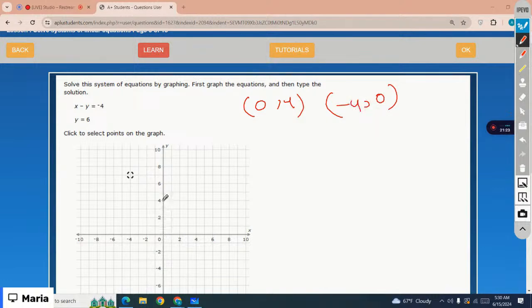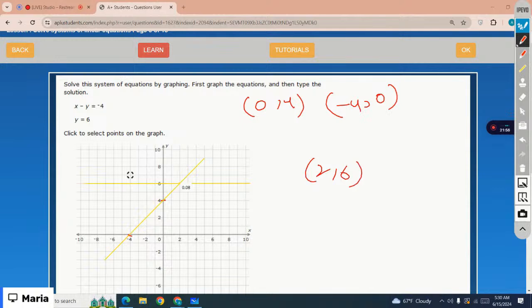x is 0, y is 4, and y equals 6. Yes, here is the point of intersection, right? The point of intersection is x is 2 and y is 6.